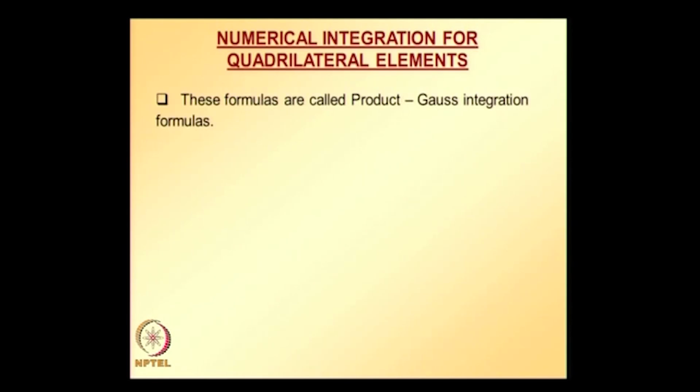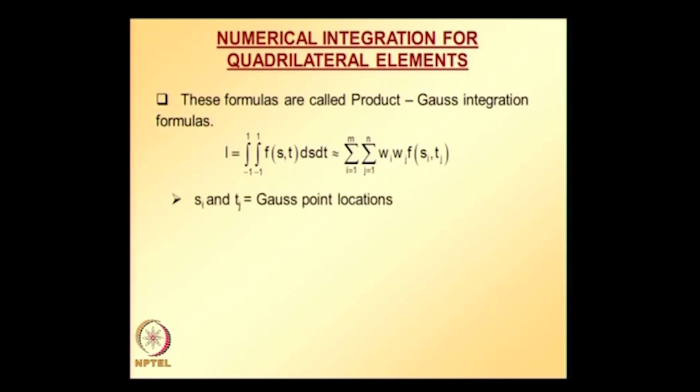So, now let us look at how to apply these concepts for numerical integration over quadrilateral elements, and these formulas are called product integration formulas. Basically these are the same as what we have already seen: the double integral from minus 1 to 1 and minus 1 to 1 of f s t ds dt. We need to select a certain number of points along the s direction and a certain number of points along the t direction, evaluate the function at these points, and multiply with the corresponding weights, weight along the s direction times weight along the t direction.